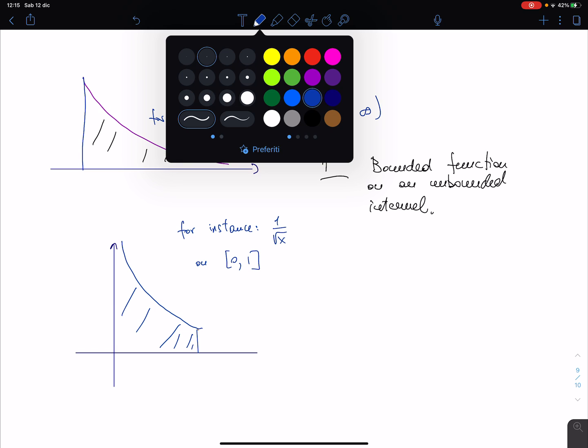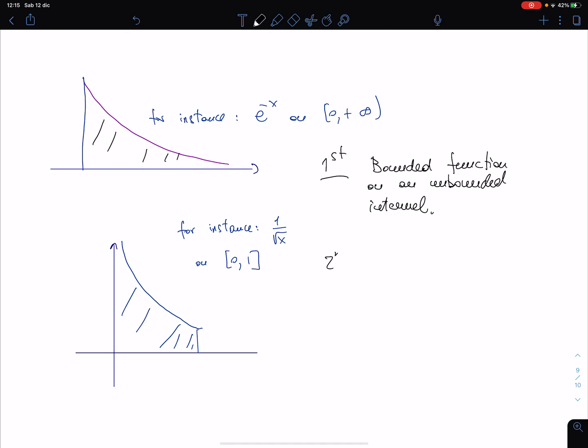So the second kind, an unbounded function on a bounded interval.